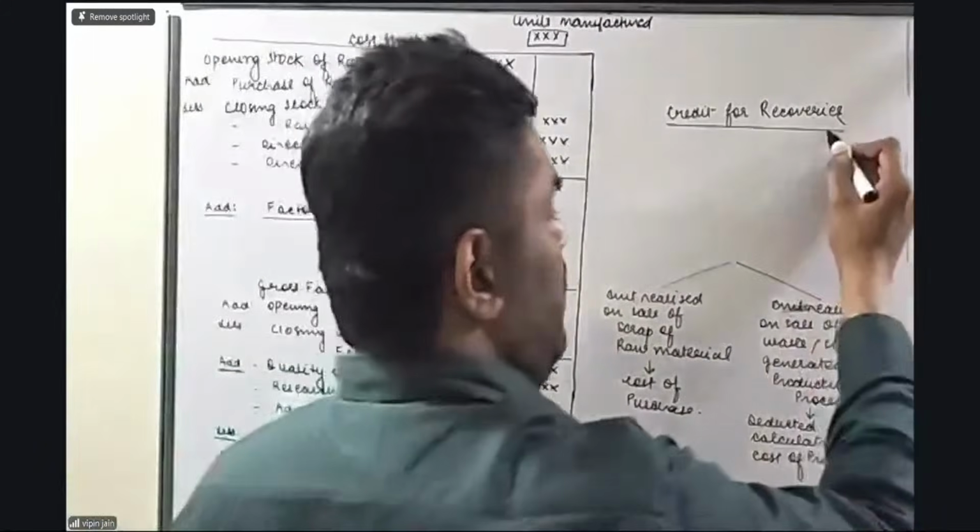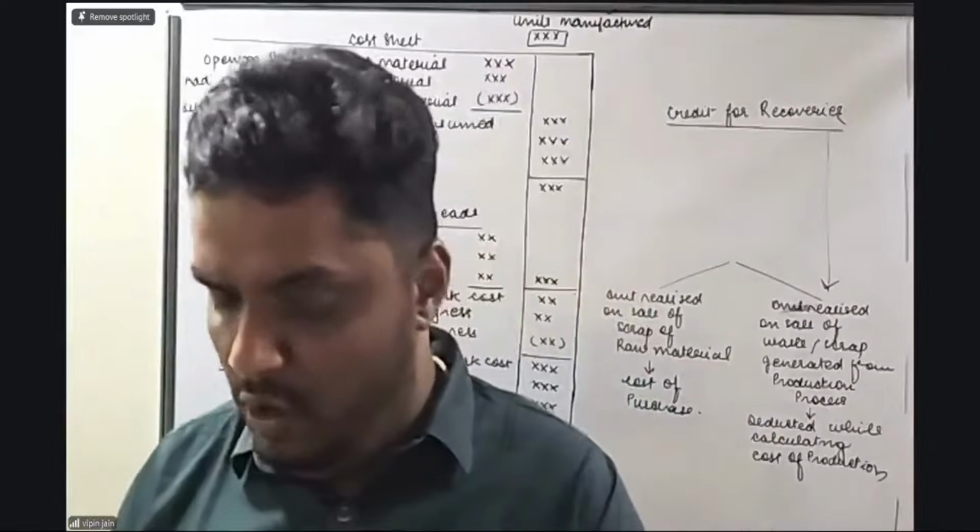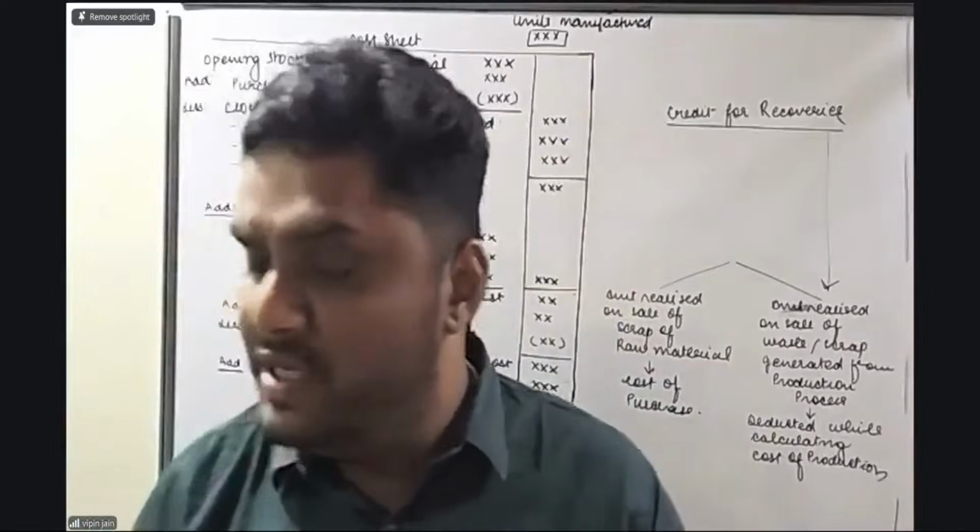So this is basically what credit for recoveries means: the amount realized on sale of scrap or waste that is generated from the production process.